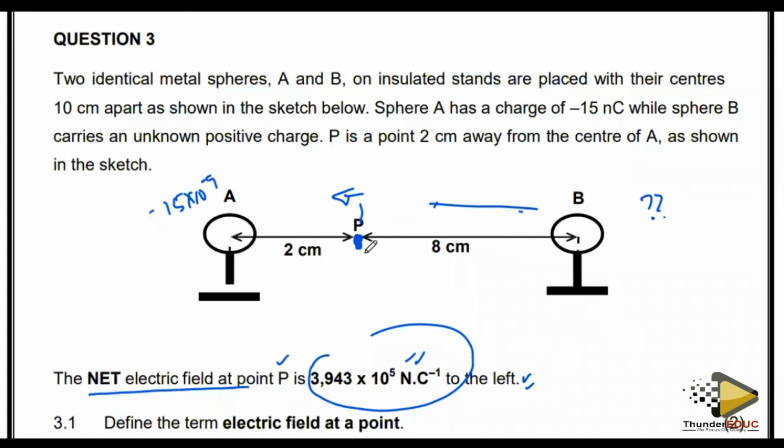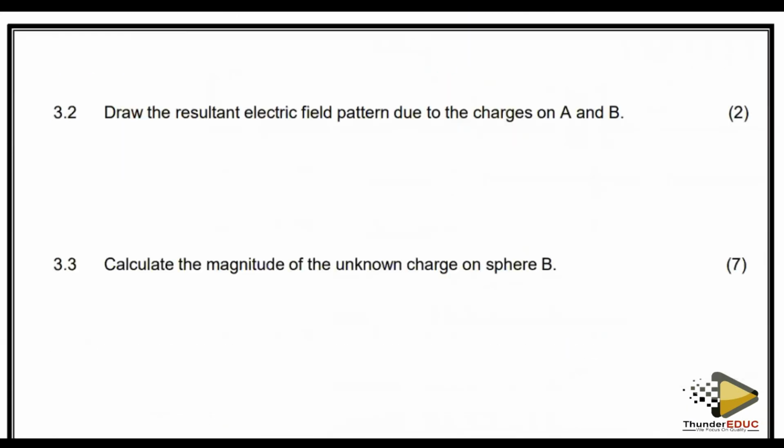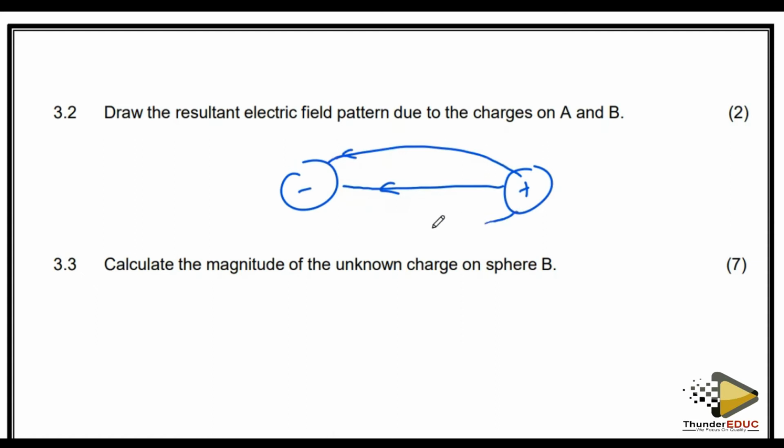So simply means that since it's a negative charge, and the net force is to the left, the force between this and it is also to the left. So which means it's more like an attraction force. That means I'm going to have a positive, then I have a negative. What does that mean? Attraction.